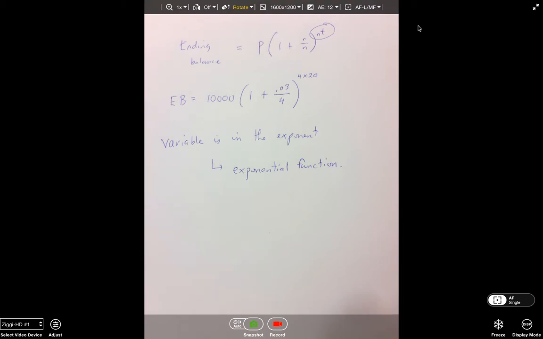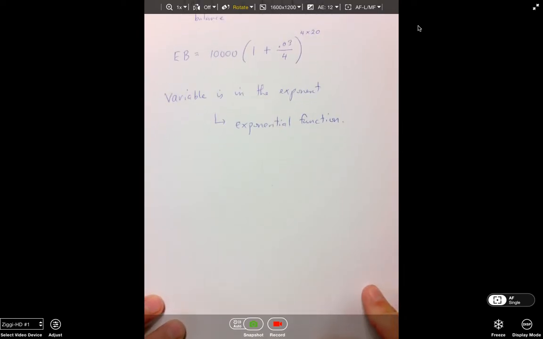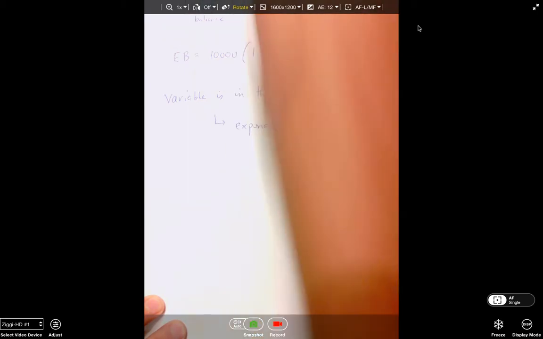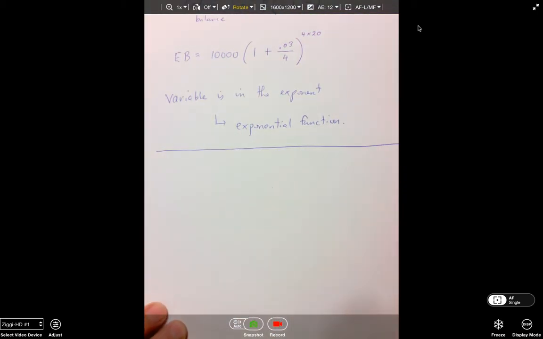Now, I want to start this kind of simple, and then we're going to get to the goal of this video. But I just want to tell you a few properties of exponential functions.